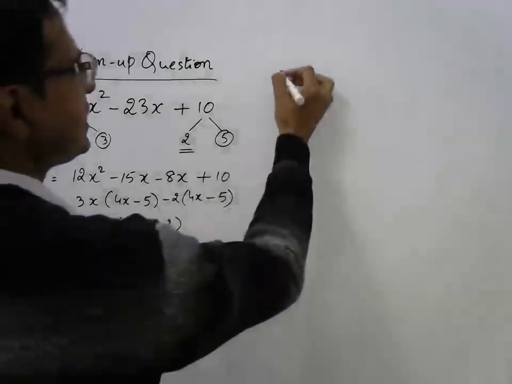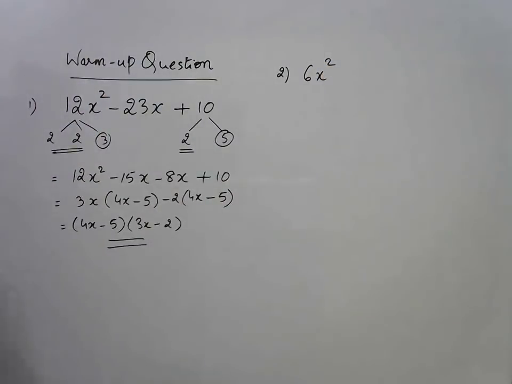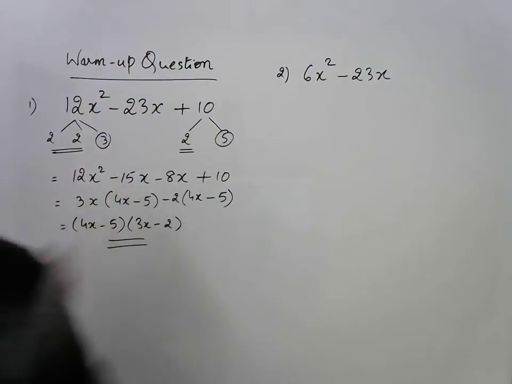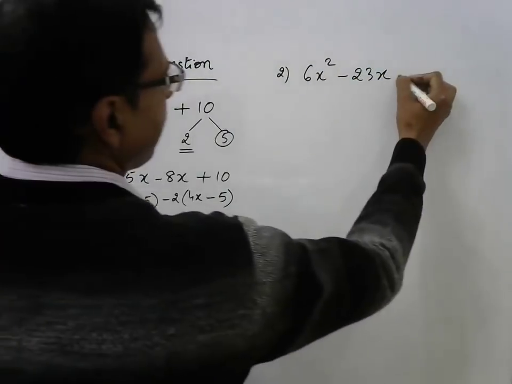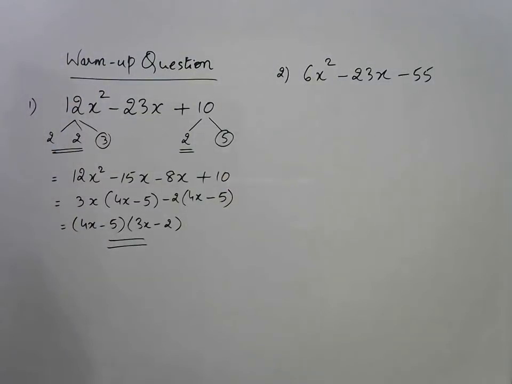Okay, this is 6x squared minus 23x minus 55. Okay, I have a term here which is greater. So you need to be careful now while solving this one. Do not commit silly mistakes here.